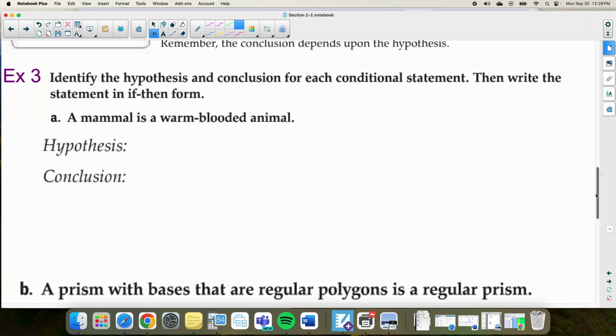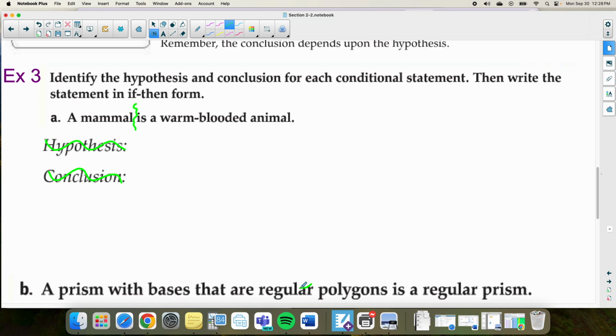It says identify the hypothesis and conclusion for the conditional statement, and then write the statement in if-then form. So I show this a little bit different, okay? I don't have you write out the hypothesis and conclusion. What I do is I have you write it in if-then form. And what I need to tell you is how you write it in if-then form can vary, okay?